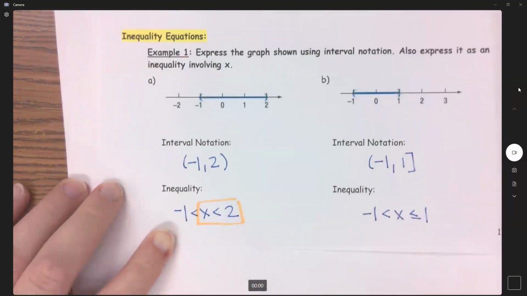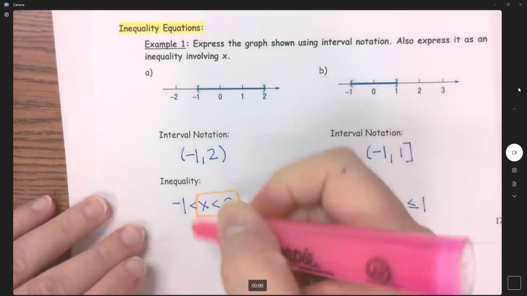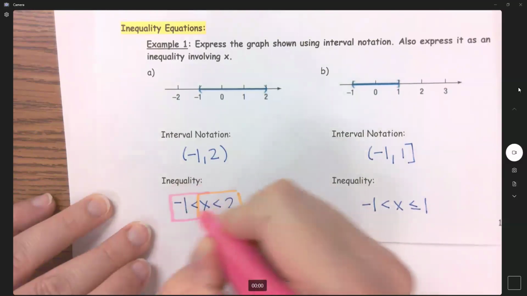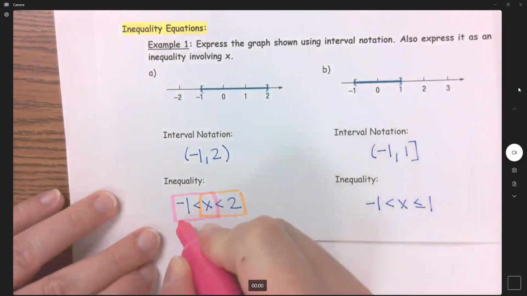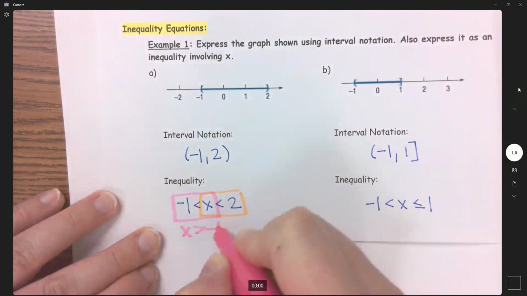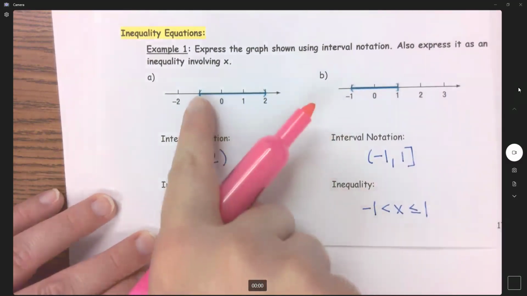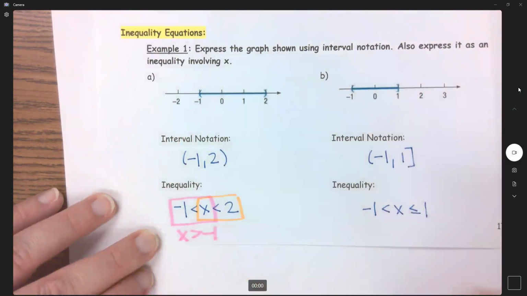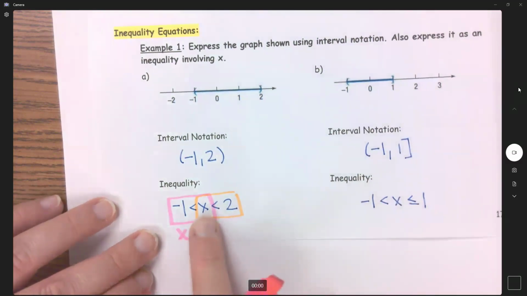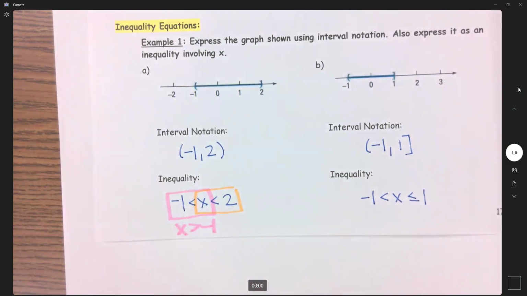This one, however, is backwards. If I took this one here and rewrote it, this would be x is greater than -1. Now I'm shading everything that's greater than -1. So when I flip these around, you have to flip that inequality symbol as well. And so when we don't have our inequalities written from least to greatest, that's going to happen.